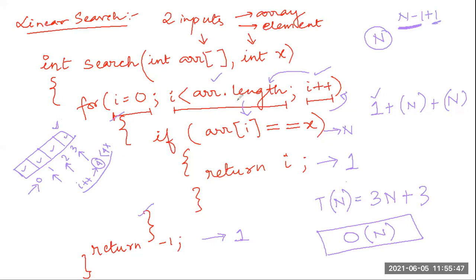This condition actually runs for n minus 1 plus 1, which gives us n number of times. Similarly, this increment also runs n number of times, because with i plus plus you do one extra for this 4, right?